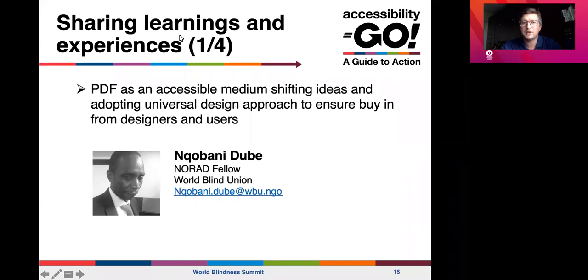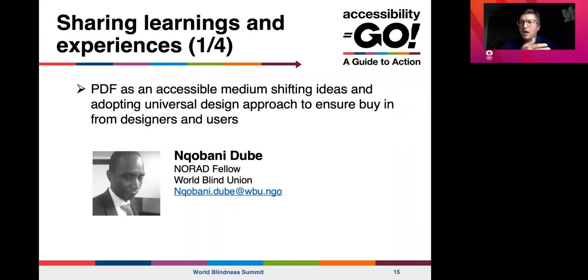We have experienced some technical issues, but let me just summarize quickly what Anogbani was explaining: he's been supporting the designers while they were developing the guide to look at how we improve PDF accessibility. You will find the result of that work on the World Blind Union website, and we'll share the link at the end.